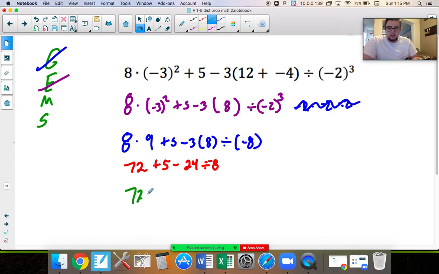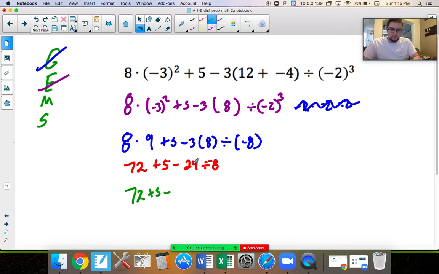We still have the 72 plus the 5 minus, well, this is where it gets a little tricky. Do we want to include the negative with the division, or do we want to hold off and use the negative later? It's not going to change the answer, it's just going to change how we kind of write it.